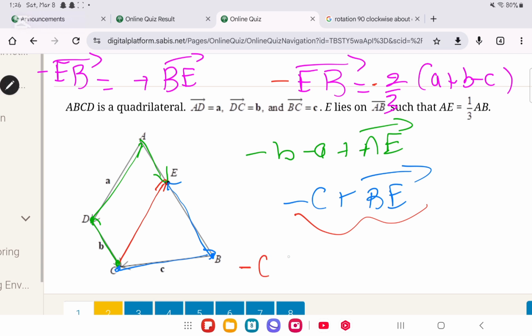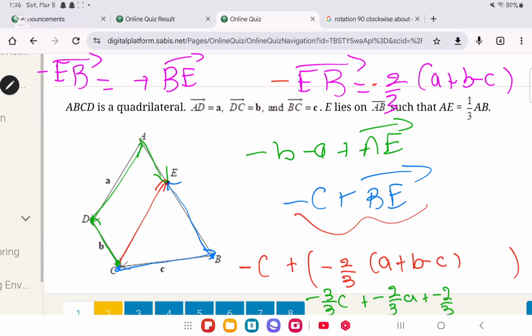So it's going to work like this now. Minus C plus, open brackets, minus 2 over 3 times A plus B minus C. If we solve it even more, we're going to get minus 3 over 3C plus minus 2 over 3A, plus minus 2 over 3B, and then minus times minus is plus 2 over 3C.